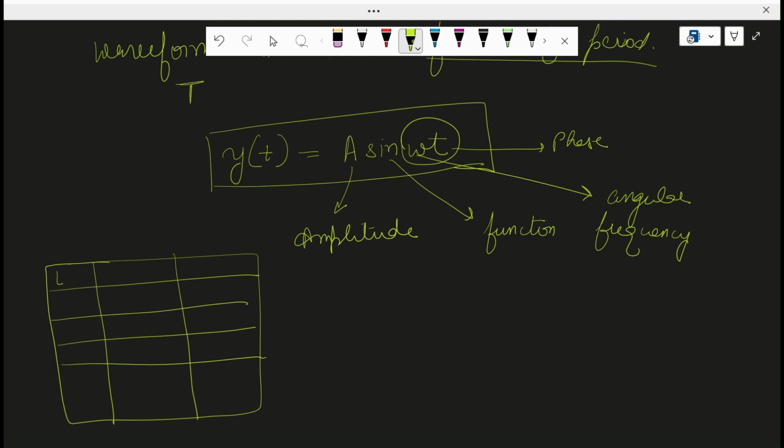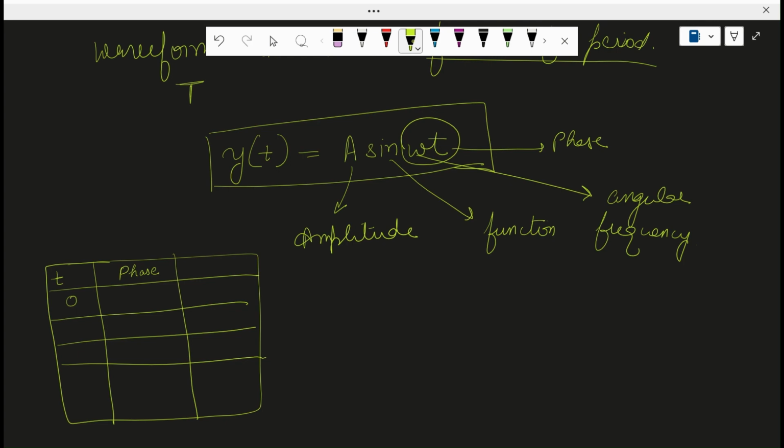Let this be the value of t, let this be the phase. Let's start with the time 0.